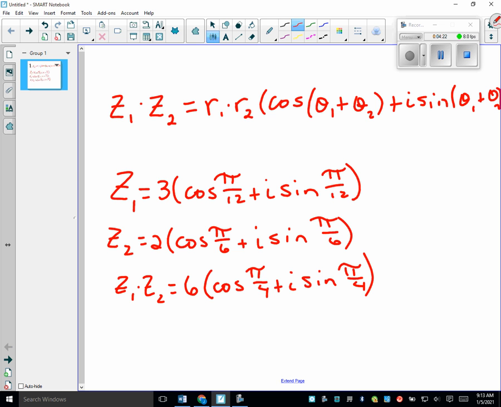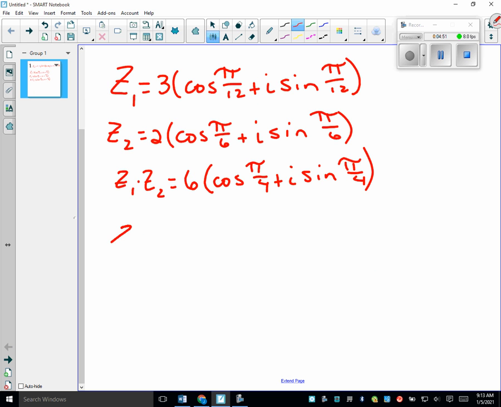When we divide, is division the opposite of multiplication? Right? So if we're dividing, what did we do with the r's here? What's the opposite of multiplication? Divide. So everything else stays the same then?